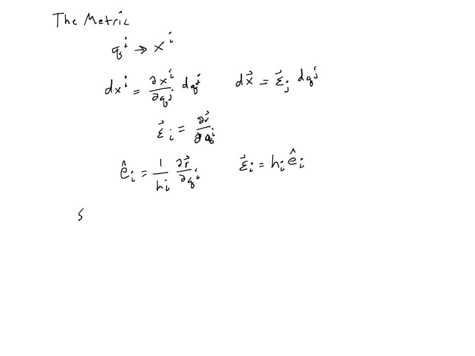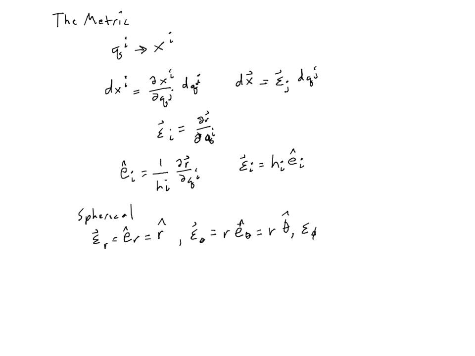And so in spherical coordinates, epsilon r is basically just e hat r, which is equal to r hat. Epsilon theta is equal to r e hat theta, which is equal to r theta hat.